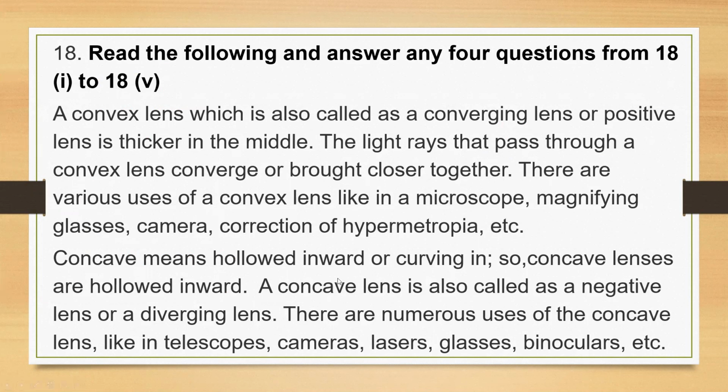Concave means hollowed inward or curving in. So concave lenses are hollowed inward. A concave lens is also called a negative lens or a diverging lens. There are numerous uses of the concave lens like in telescopes, cameras, lasers, glasses, binoculars, etc. This is the context given here.